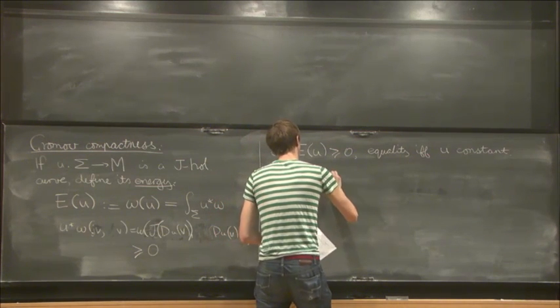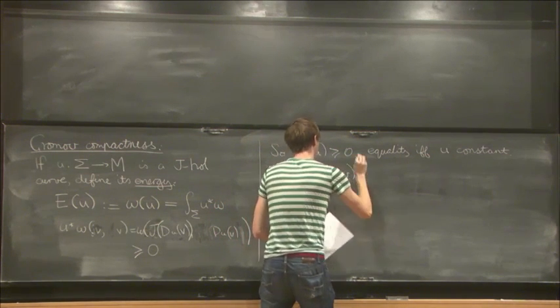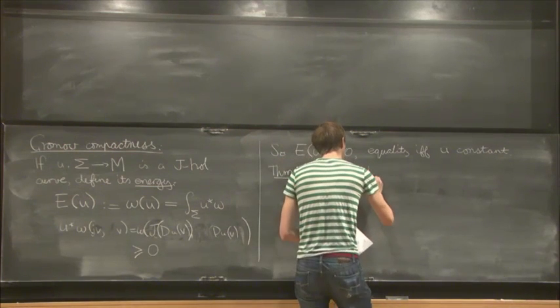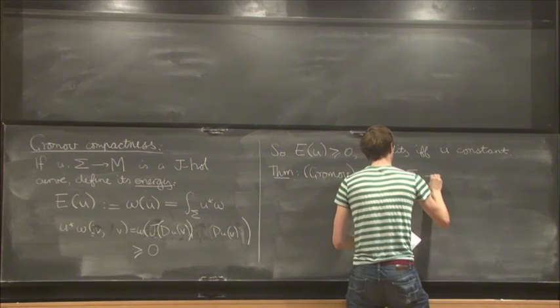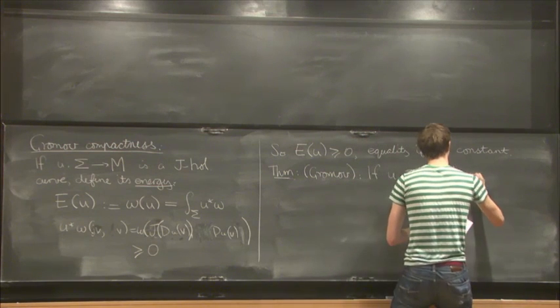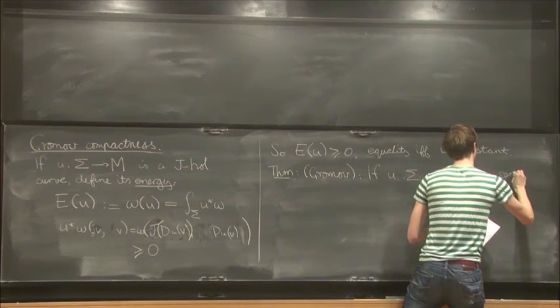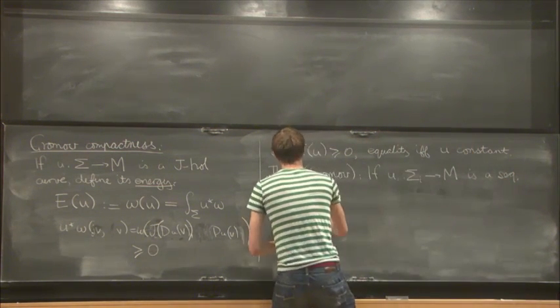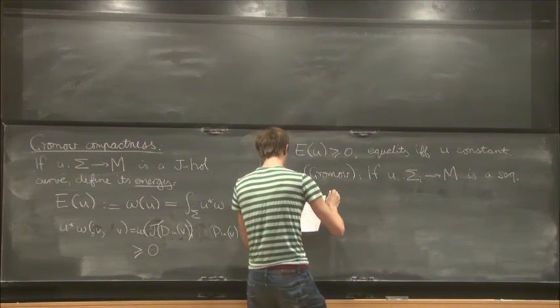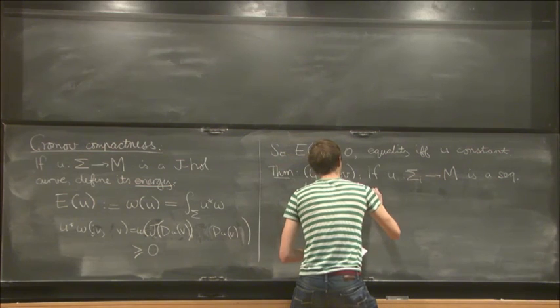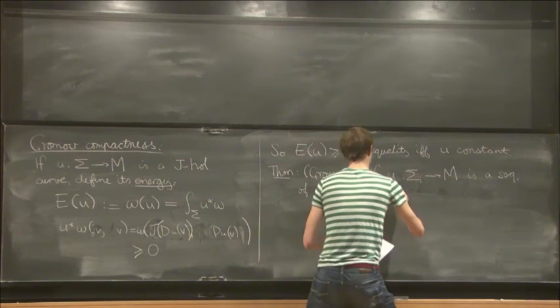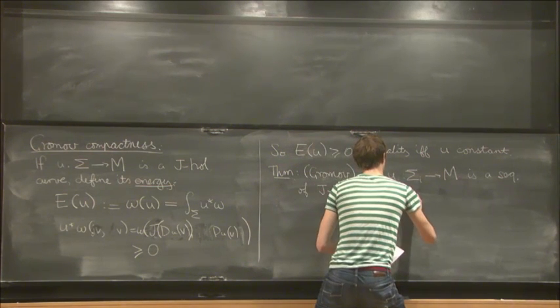Now, Gromov's compactness theorem says: we have some sequence of J-holomorphic curves. Let's just say genus 0.